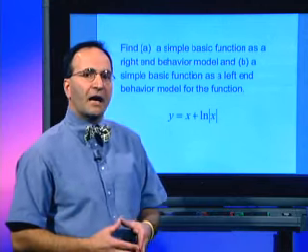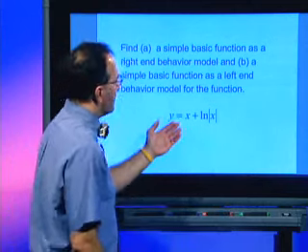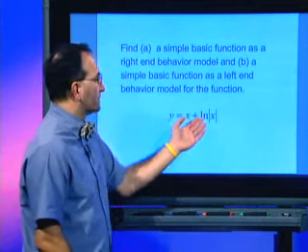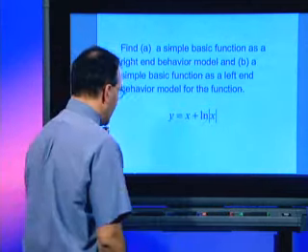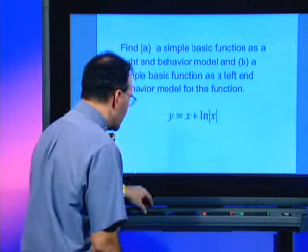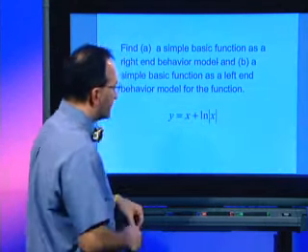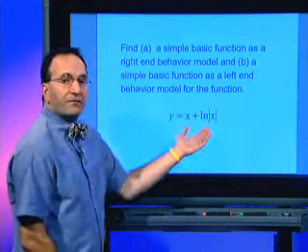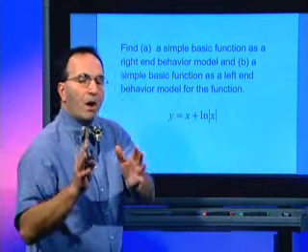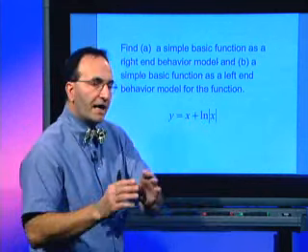Okay, let's find out how you did on this. This is the problem, y equals x plus log of the absolute value of x. What we're looking at is trying to find a simple, basic model for both the left and right-end behaviors.